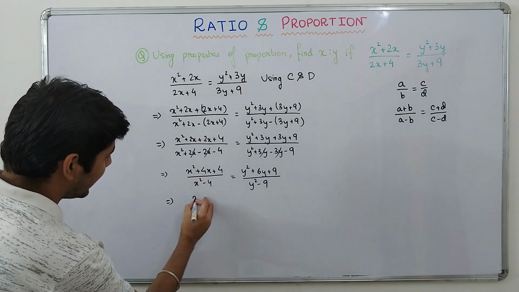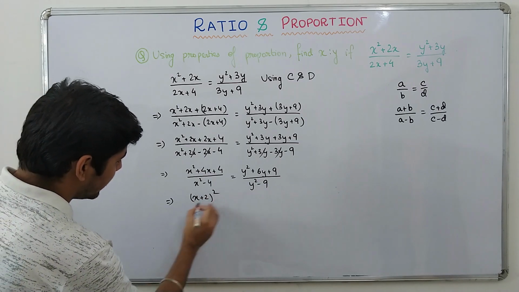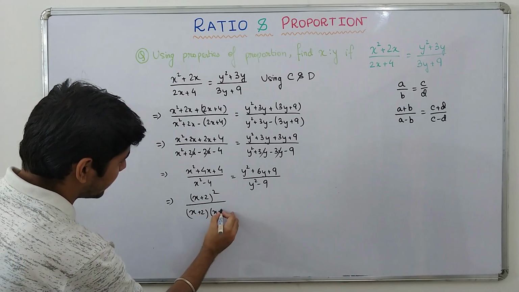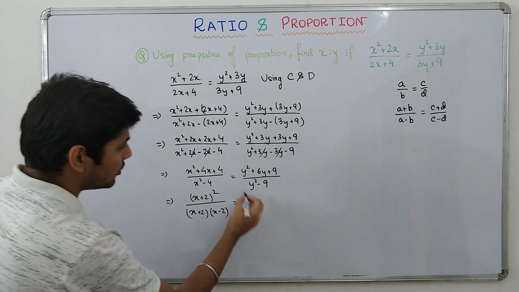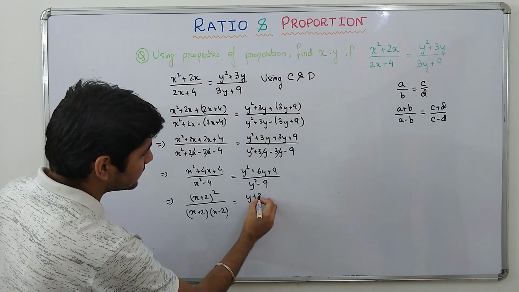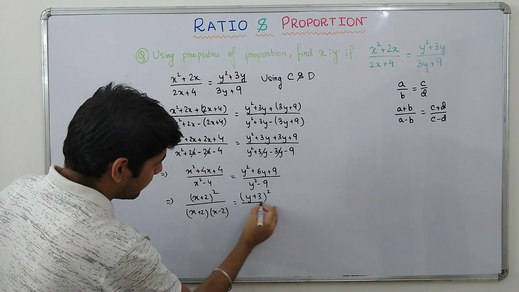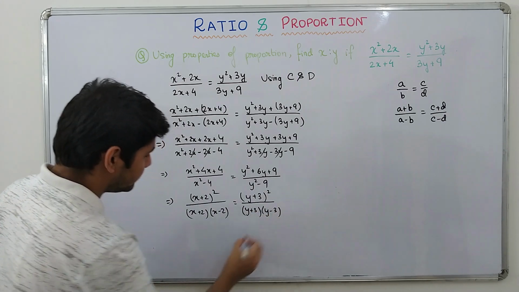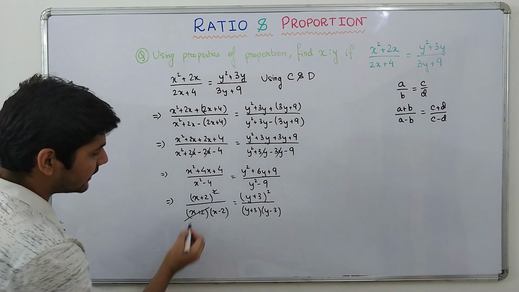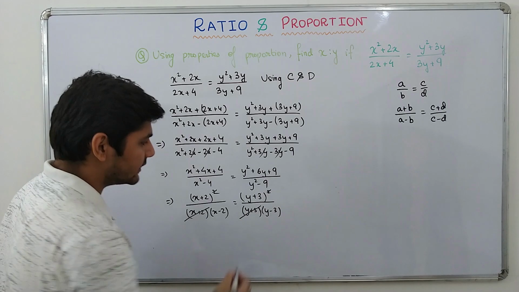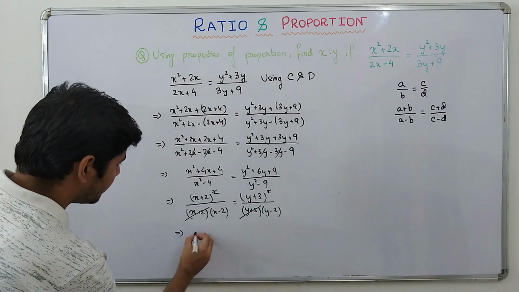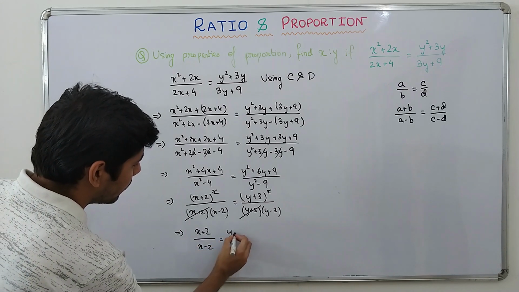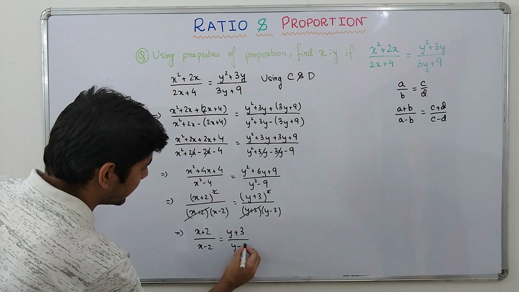So on the top we have (x plus 2) whole square, and in the denominator we have (x plus 2)(x minus 2). Similarly over here also, this will be the formula of (y plus 3) whole square by (y plus 3) into (y minus 3). So this and the square gets cancelled out, this and the square gets cancelled out. So what do we get? We get (x plus 2) by (x minus 2) is equal to (y plus 3) by (y minus 3).